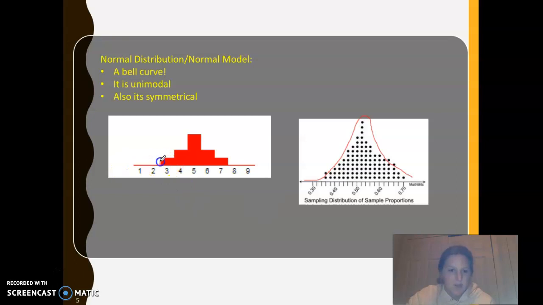I'm not going to trace my pen like this, like stepping stones here. We're talking shape, which means the rough shape of this. And if I trace the rough shape here, it's symmetric, it's unimodal, and it's normal. So it takes on that normal model, the normal distribution, or the bell curve, right? So both this histogram and this dot plot have a bell curve. And that's how we would identify those.